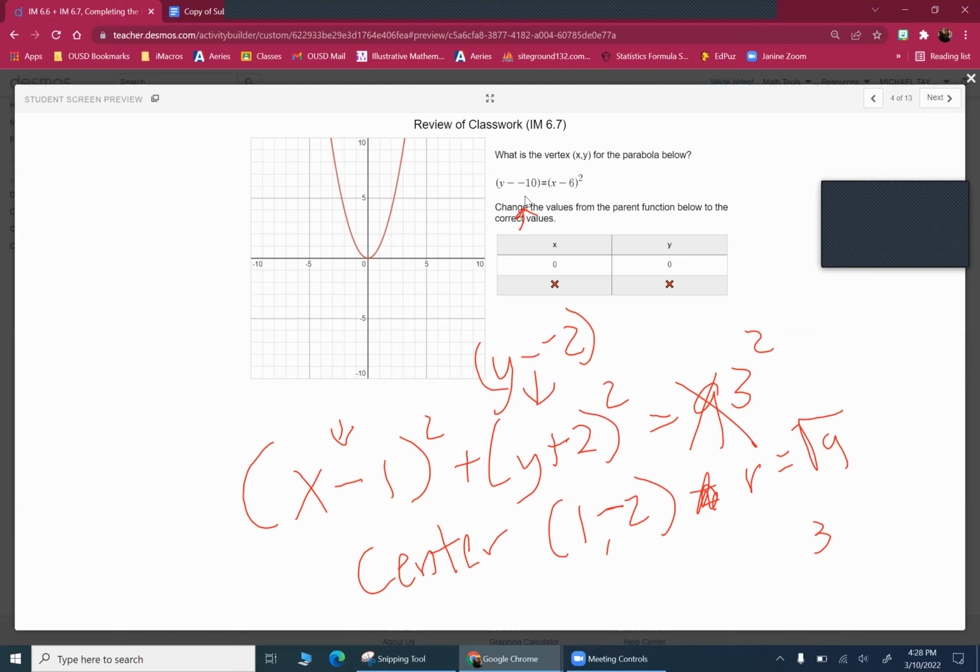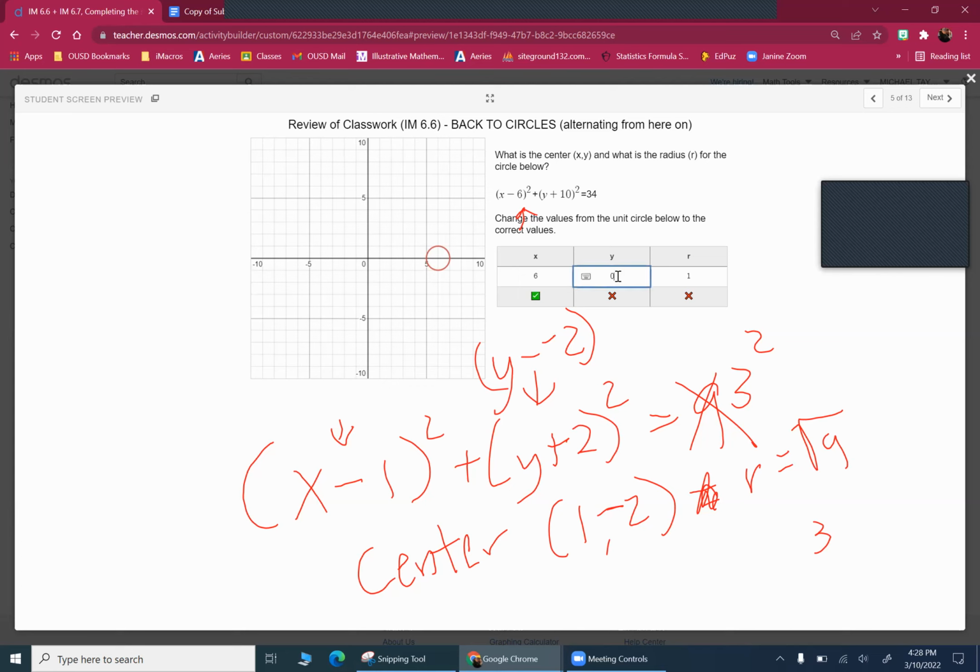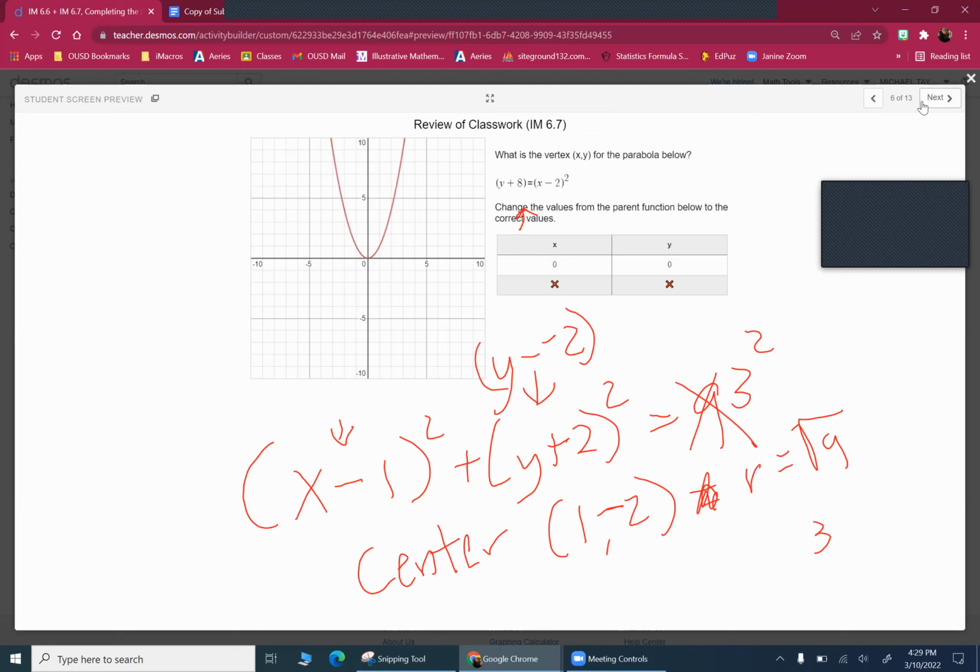So this is really minus a minus 10, which is why my y is a negative 10. And this is the square root of 34, which is probably 5.9 maybe. Oh yeah, that checked. I could also do SQRT and 34, and that gives me another problem. Okay. All right. So this is kind of related to that.